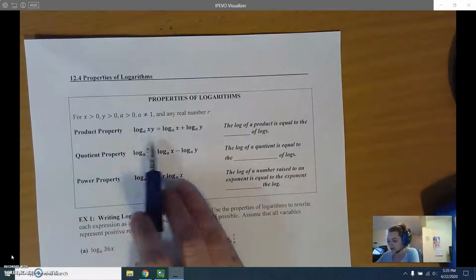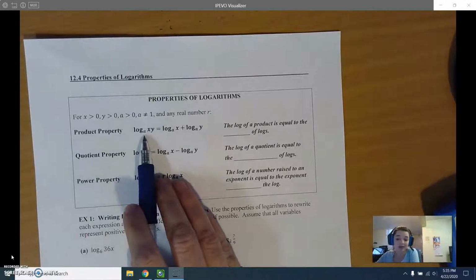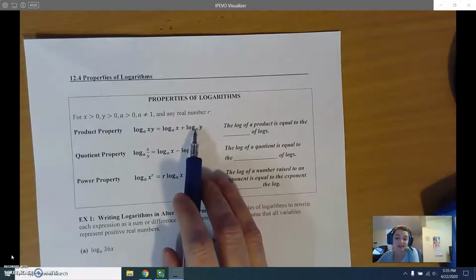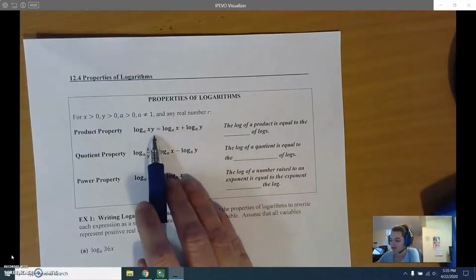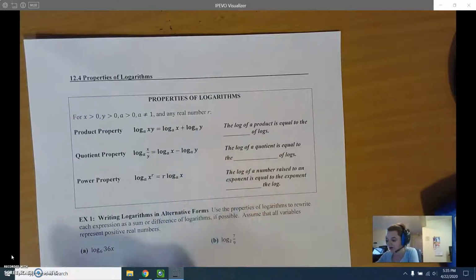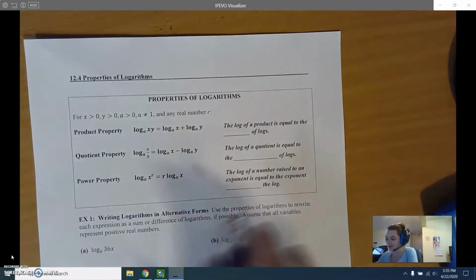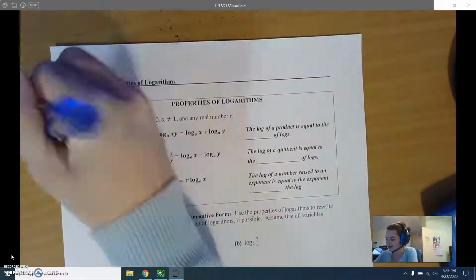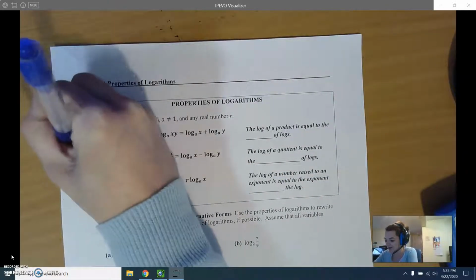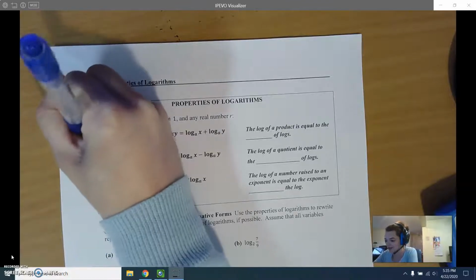The product property says that if you have a log with any kind of a base, we'll just call it base A, of two things multiplied together, so that would be the product part of it, you can separate them with addition. So that would be the log base A of x plus the log base A of y. And if you remember our exponent properties, this is kind of the a to the x times a to the y equals a to the x plus y.